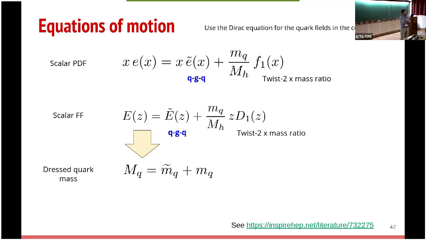Not the dynamical one, the sigma term. Which is related, yes, related to the quark contribution to the mass of the nucleon.